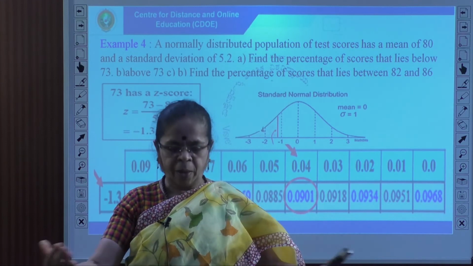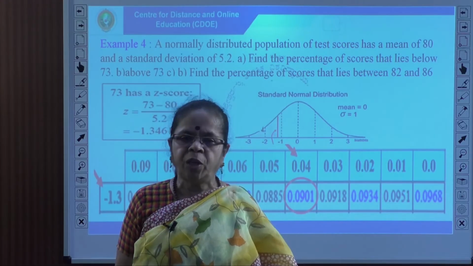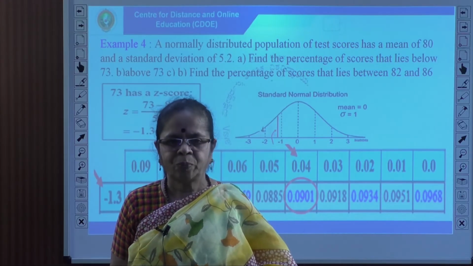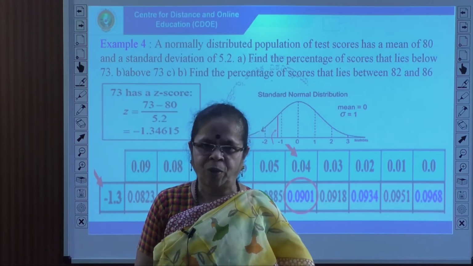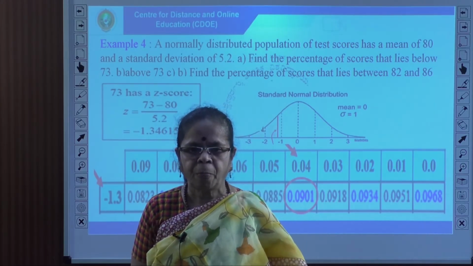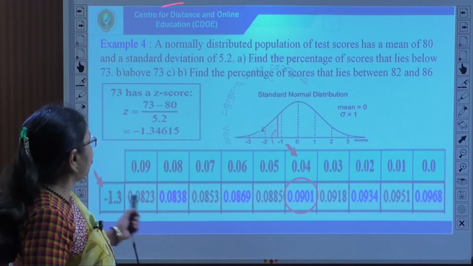The sample I have taken has a mean of 80 and a standard deviation of 5.2. Now, we will answer some questions from this data if it is possible. Find the percentage of scores that lies below 73.